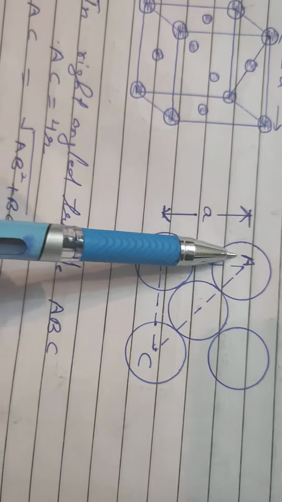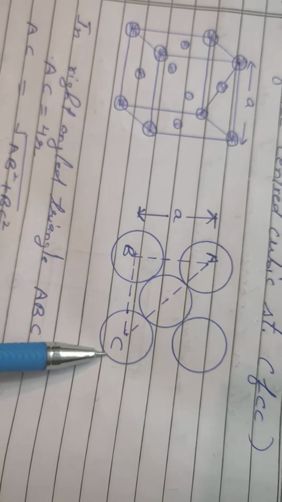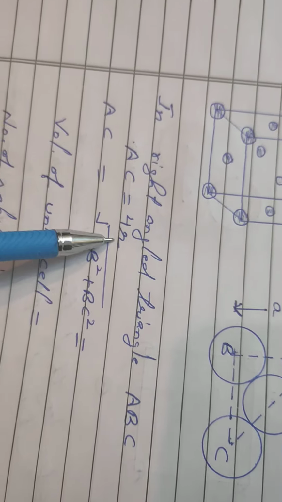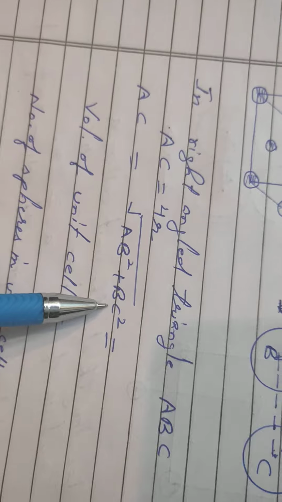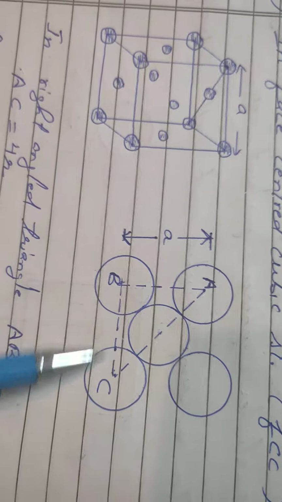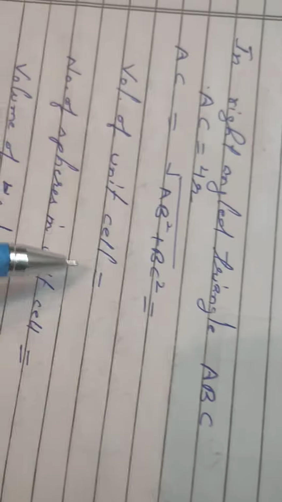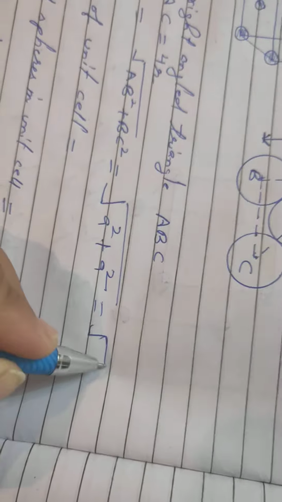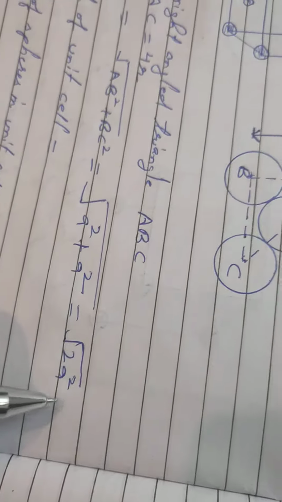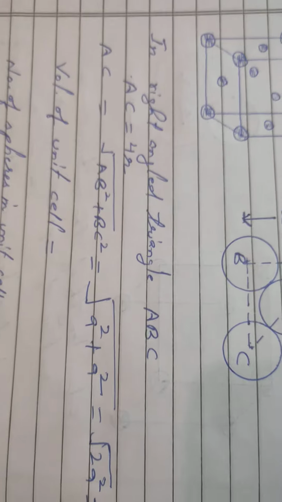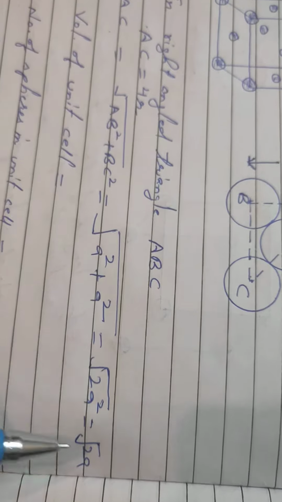Now take the triangle ABC. In triangle ABC, now AC is equal to 4R, AC squared is equal to AB square plus BC square. AB and BC both are edge length, that is A, so we will put here A square plus A square, that is equal to 2A square, so AC is equal to under root 2A.